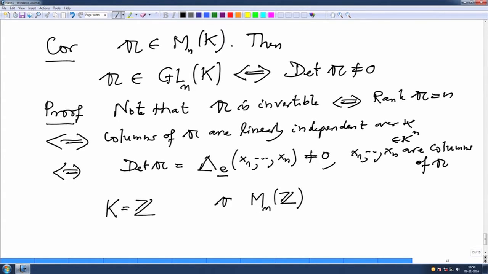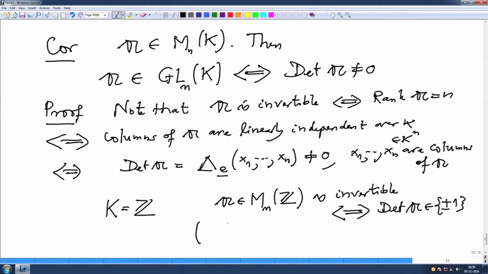So, a matrix A in M_n(Z) is invertible if and only if the determinant of A is either plus 1 or minus 1. Even if we take a 2 by 2 matrix, say with rows 1 2 and 0 0 here, this diagonal matrix, the determinant is 2, and this matrix does not have an inverse in Z with integer entries.